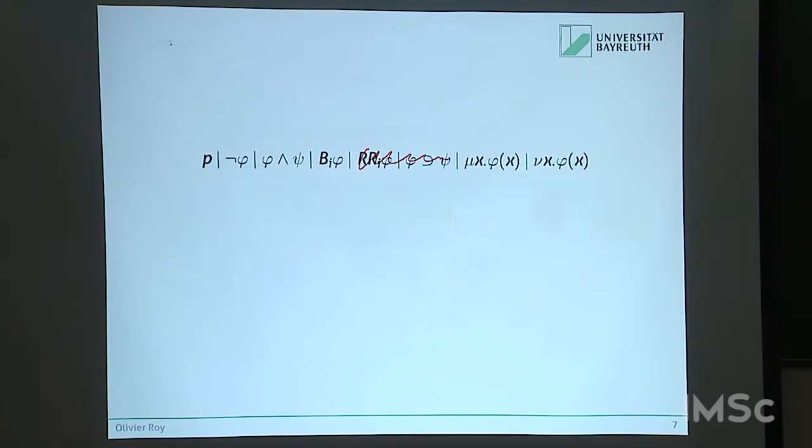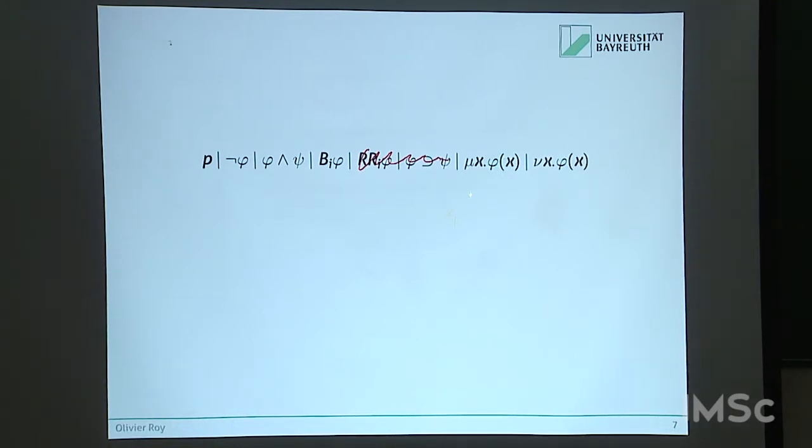That is, to be in the scope of an even number of negations. That's important because it ensures that these formulas with a free variable x will turn into monotonic operators, as I said earlier, and this will ensure that they have fixed points.